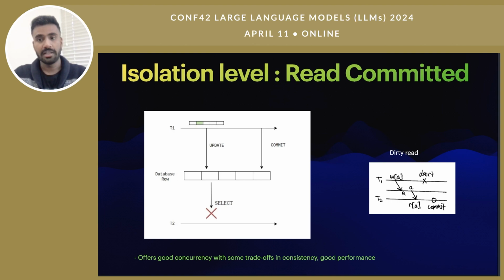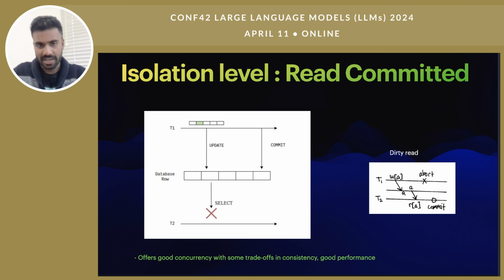That's what I just explained. Thus, it does not allow dirty read, right? So you're locking on the read, not letting the read happen. The transaction holds a read or a write lock on the current row and thus prevents other transactions from reading, updating, or deleting it. Now, what things are guaranteed with this, right?